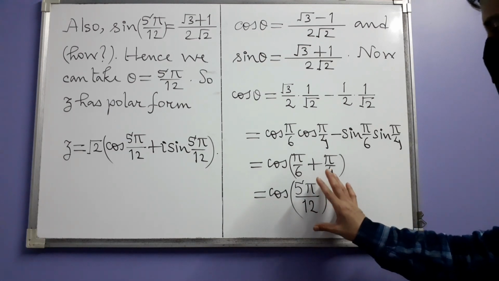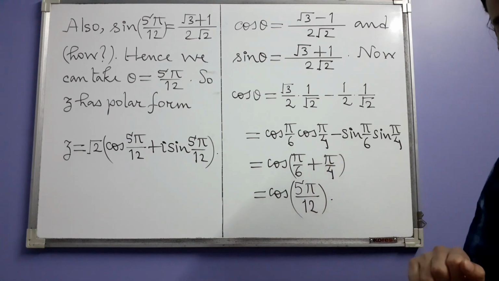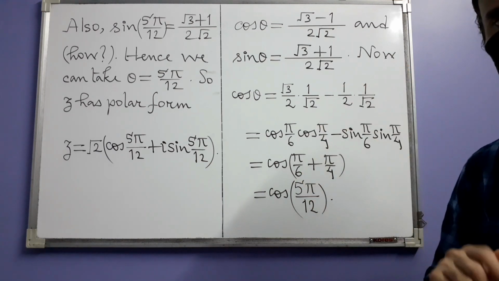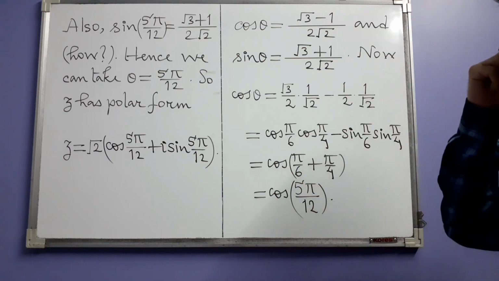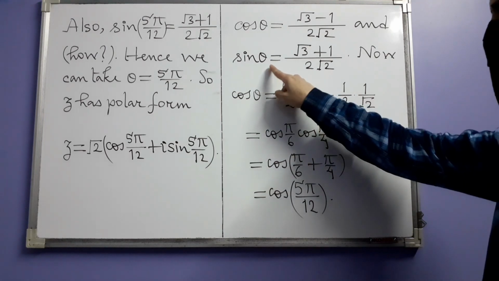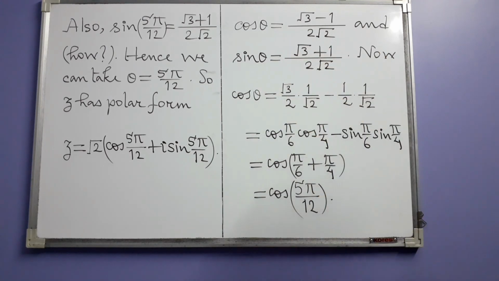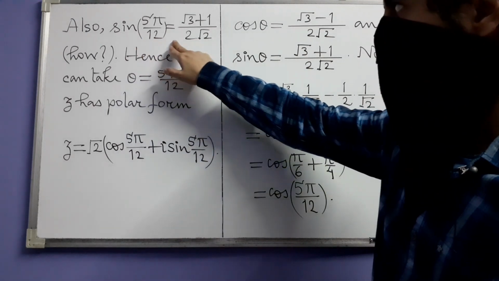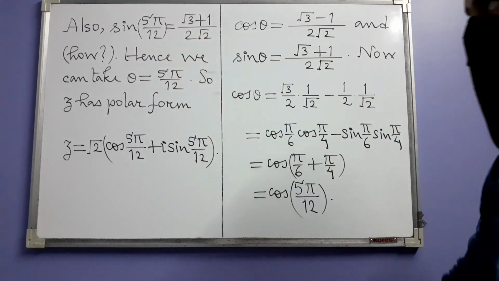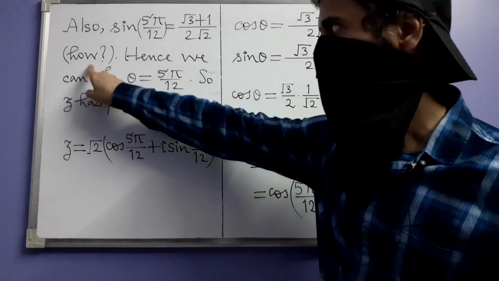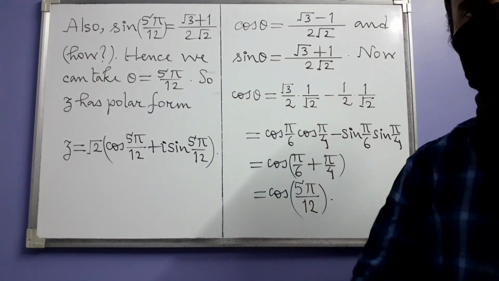But only this is not enough. If you take the value of theta as 5 pi over 12, one value of theta, then you also need to verify that it also works for this second equation. So I simply wrote sine of 5 pi over 12 is also similarly this. But how? So you have to verify this part.